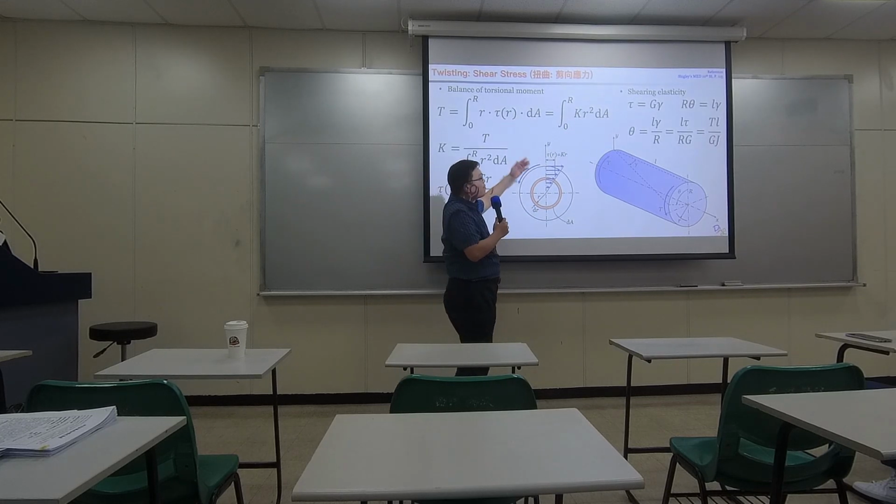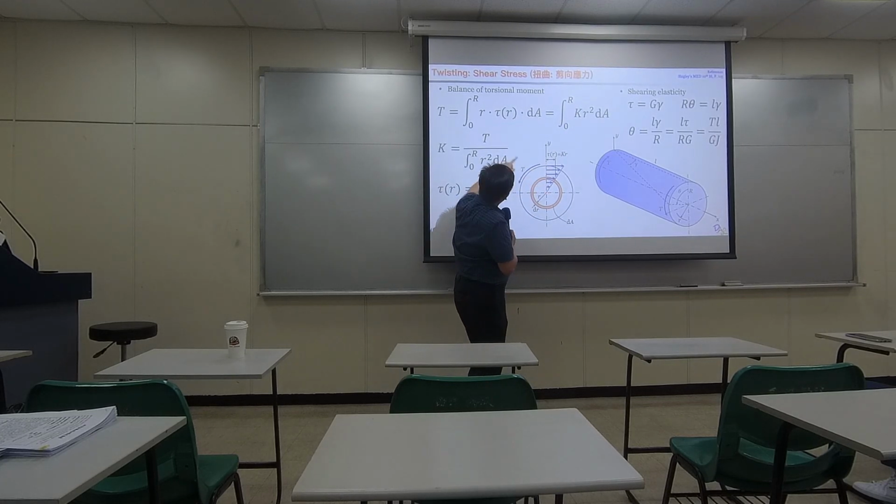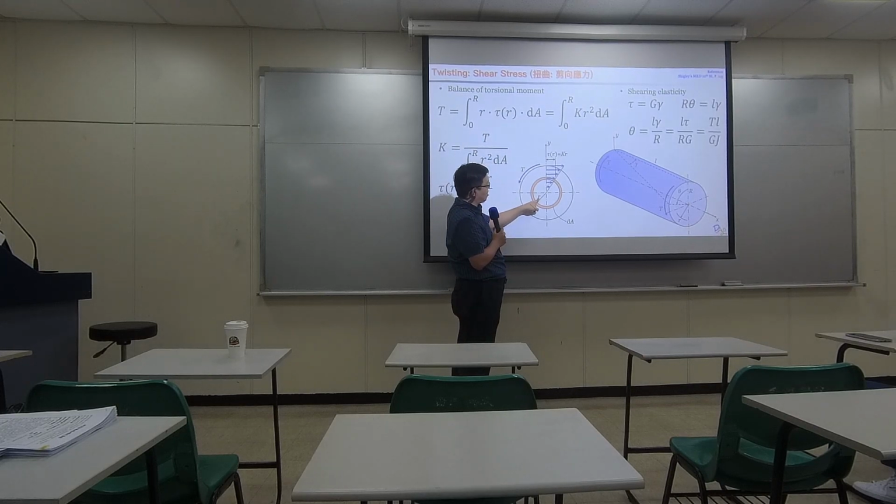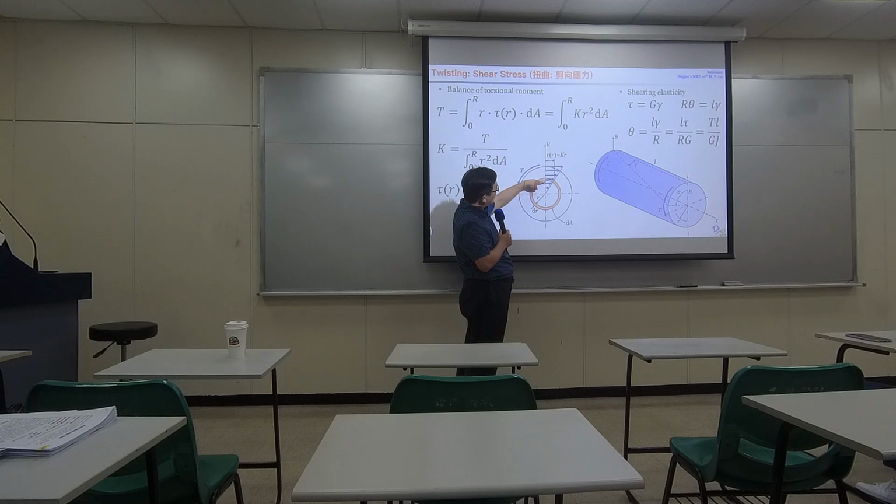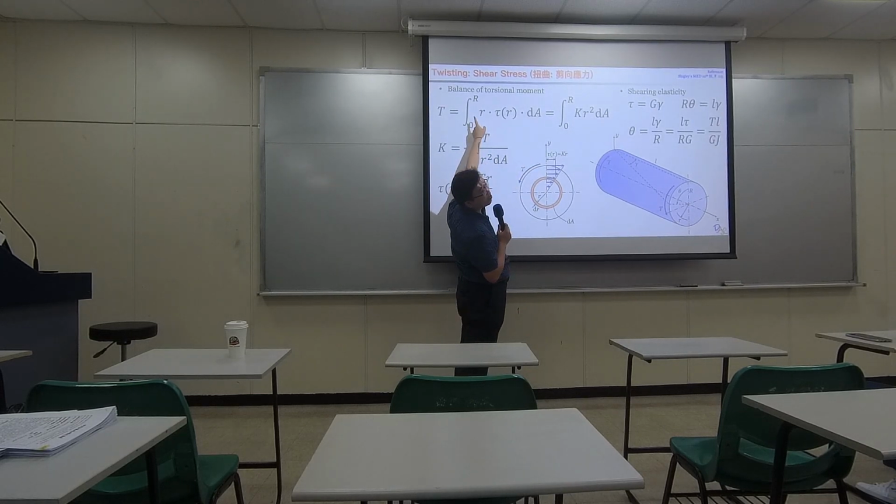So we need to sum them up everywhere. That's why we use integral. And whatever is changing is r, the position that you are observing. So you start summing up from r equals 0 up to r equals capital R.